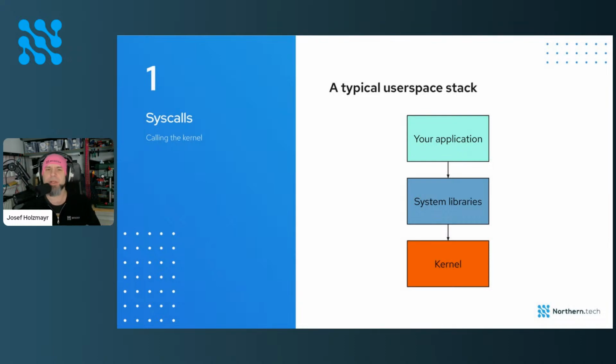It's very rare that an application goes straight to the kernel. Usually this is abstracted away. At some point, there are the system libraries. The most classic one is libc in many, many cases, and especially in Linux, usually the glibc. And this in turn calls into the kernel for the so-called system calls.